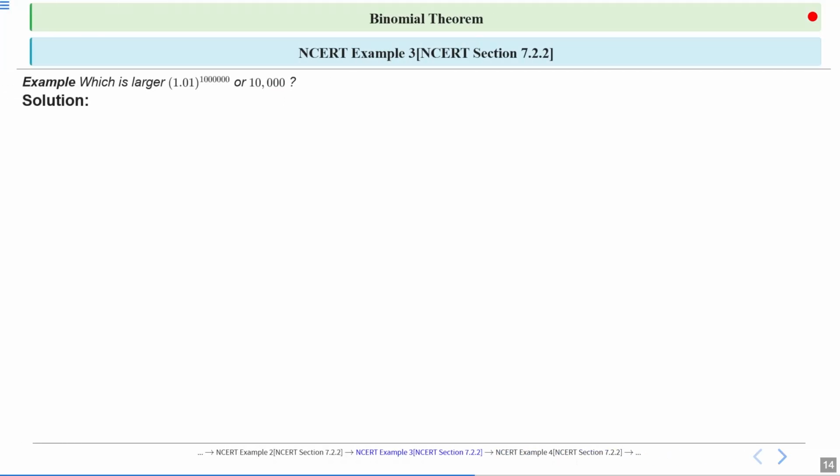So let's solve this example step by step. We need to compute which is larger between 1.01 to the power 160 or 10,000. Which one is larger, that we have to find out.